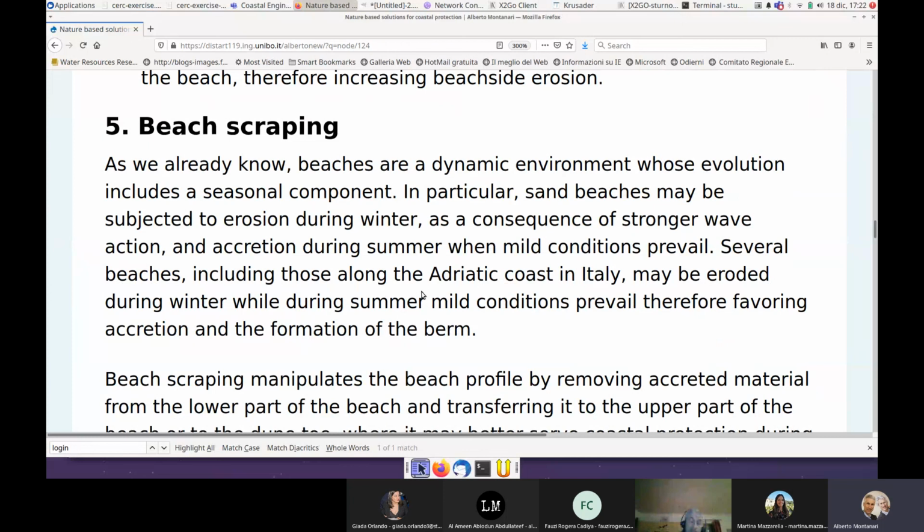Basically, erosion typically takes place during extreme events, and especially because it's dominated by across-shore sediment transport, which means that it is originated by, again, extreme events which happen in short time scales.